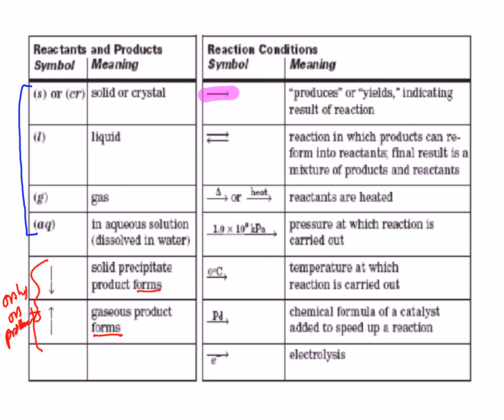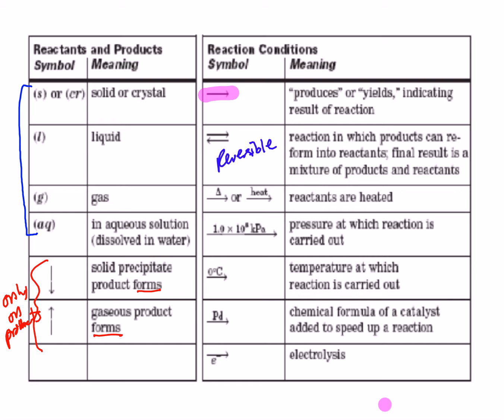So they will only ever be seen on the right-hand side of our reaction, the product side. All right, the other arrow symbol is very similar, a double arrow, which means you have a reversible reaction. They can reform. All right, so it's reversible.